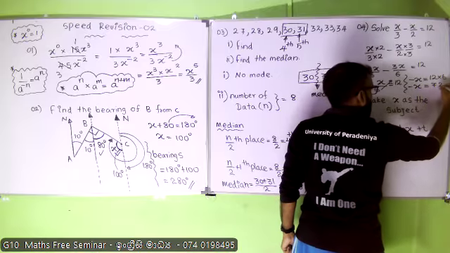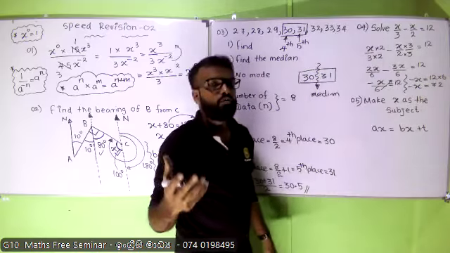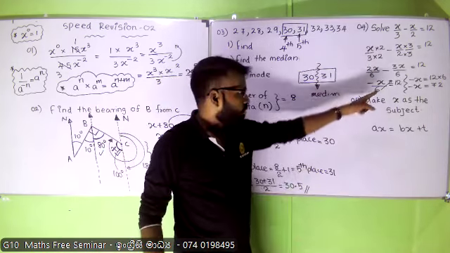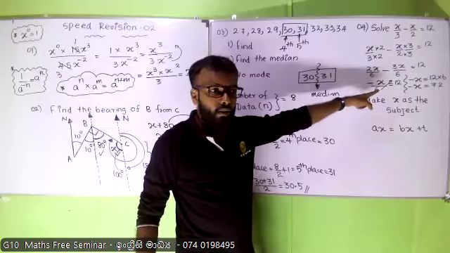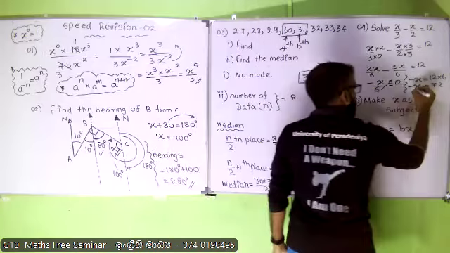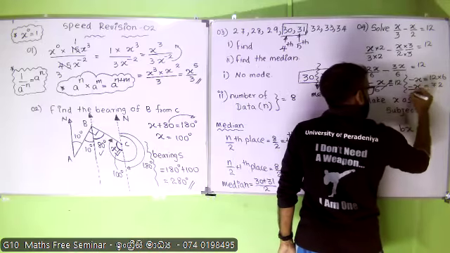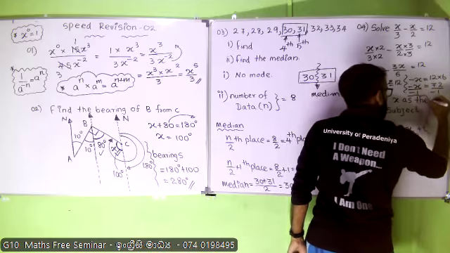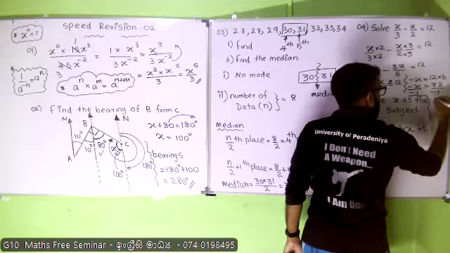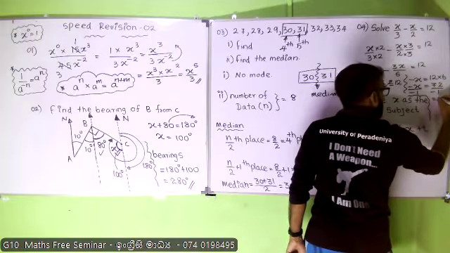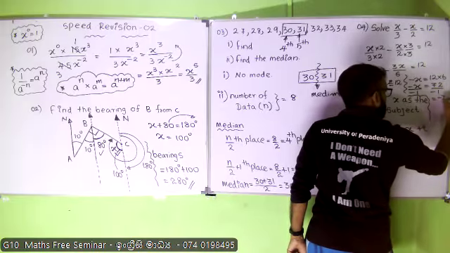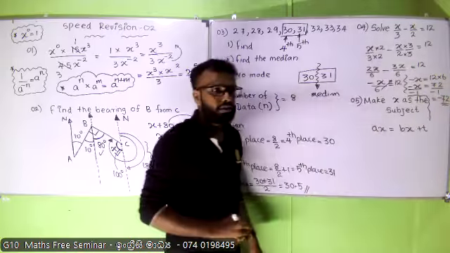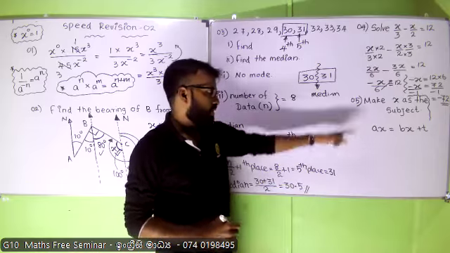But they are not asking for the value of minus x, they are asking for the value of x. So you have to divide both sides by minus 1 to obtain the answer. Divide this side by minus 1, and that side by minus 1, so that x equals minus 72.